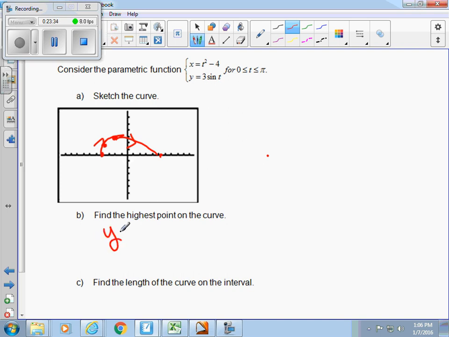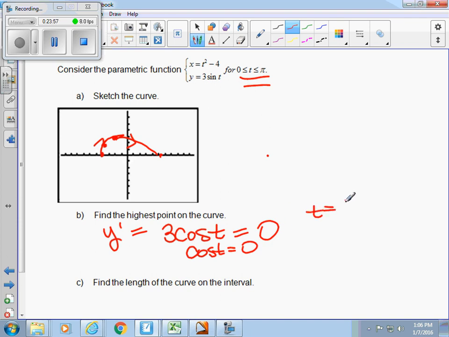No. So I'm going to find the derivative of y and set it equal to 0. So I really want to know when is cosine of t equal to 0, and I do only care between 0 and pi. So when is cosine equal to 0? Pi over 2. So t is pi over 2. Is that the highest point?